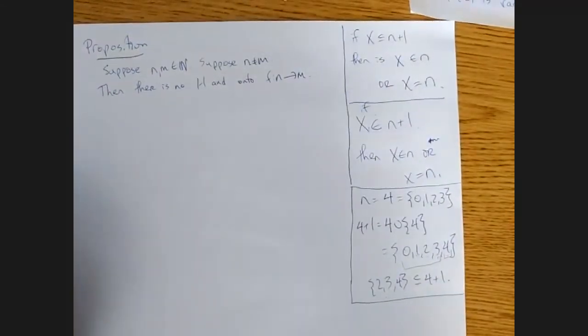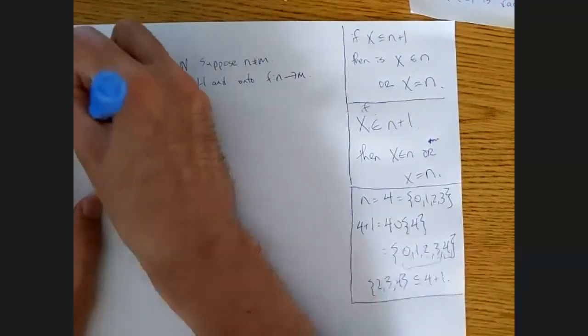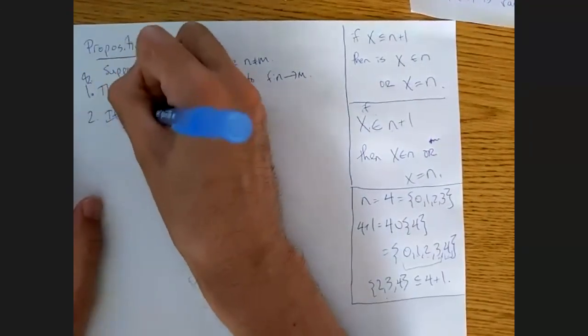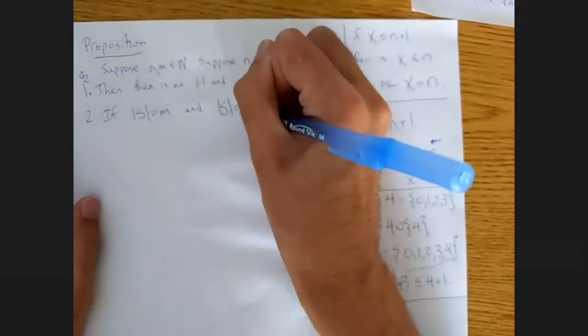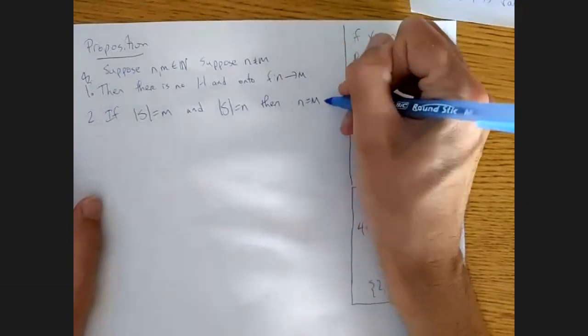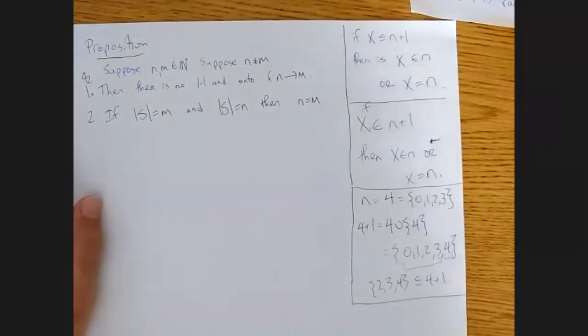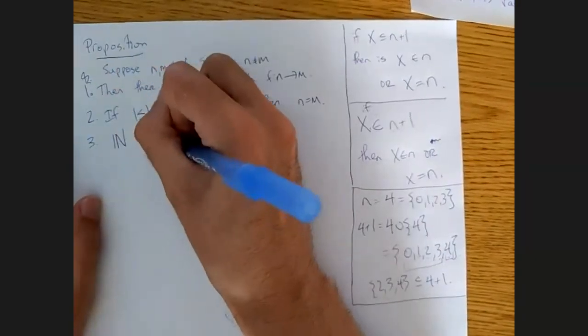That's the first part. Second, if the cardinality of S equals m, and also the cardinality of S equals n, then actually n equals m. And third, the natural numbers is an infinite set.